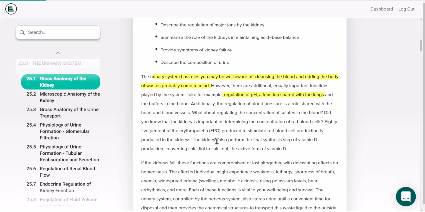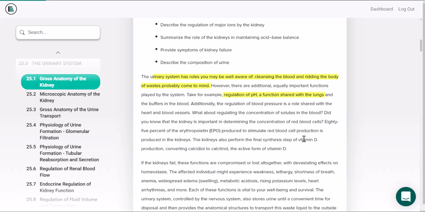And also the kidneys are involved in the final synthesis of vitamin D. Remember that the initial steps of vitamin D synthesis begin in the integumentary system, but the final step of creating vitamin D is in your kidneys. And remember that vitamin D is critical for the absorption of nutrients in the intestine.